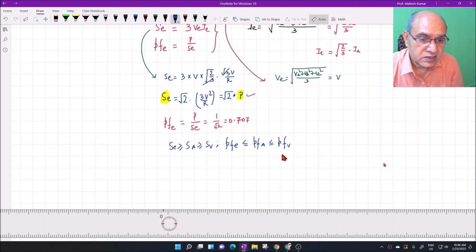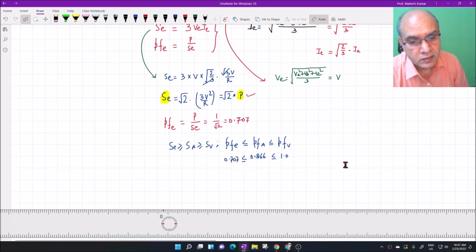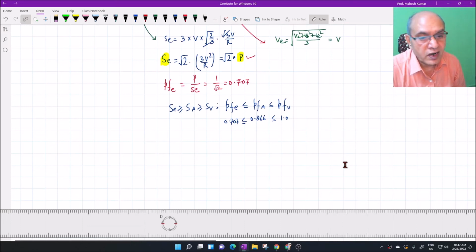In this case, this is 1.0. This is 0.866 we have found out previously, and this is 0.707. Okay, so you see there are 3 apparent powers and each of them has a different value. Therefore, there are 3 power factors having different values.